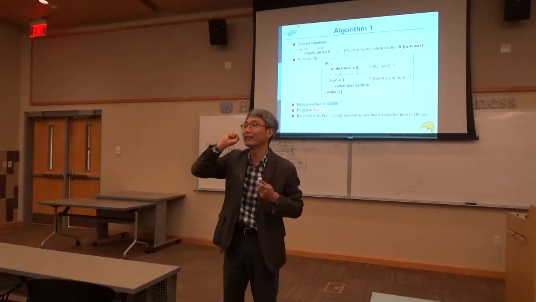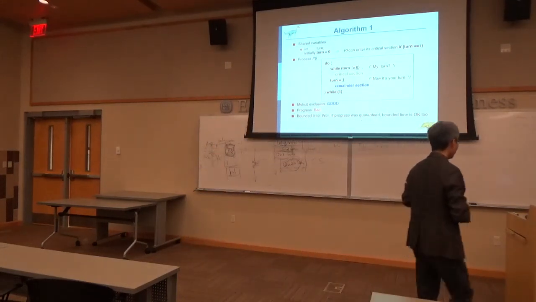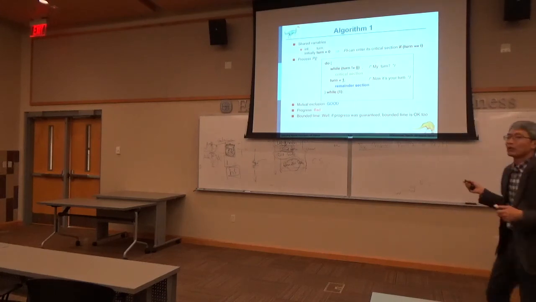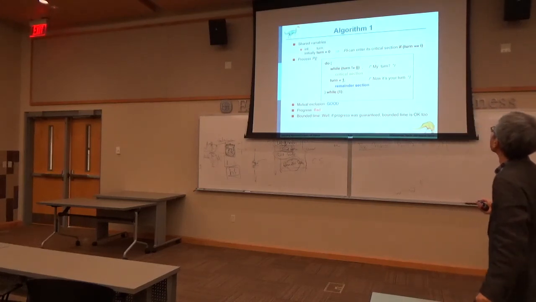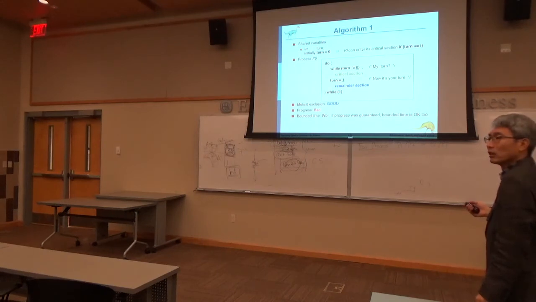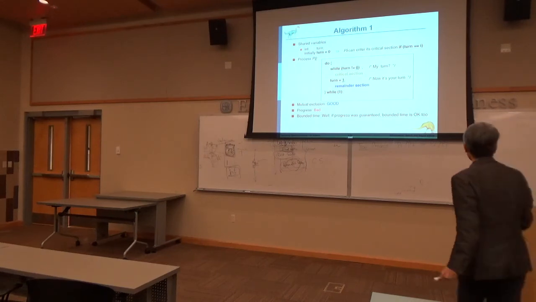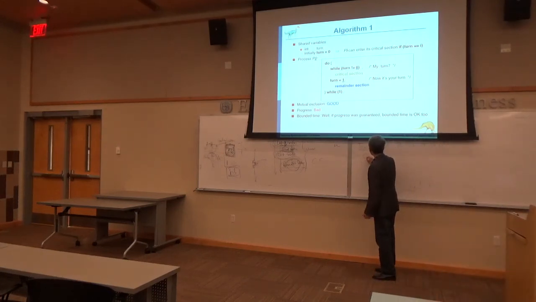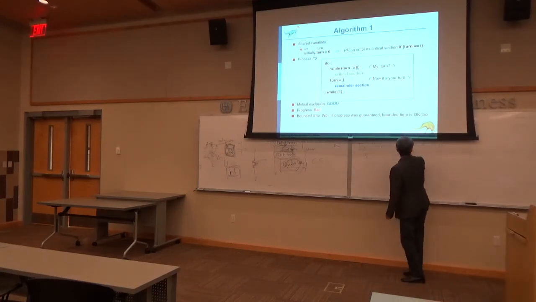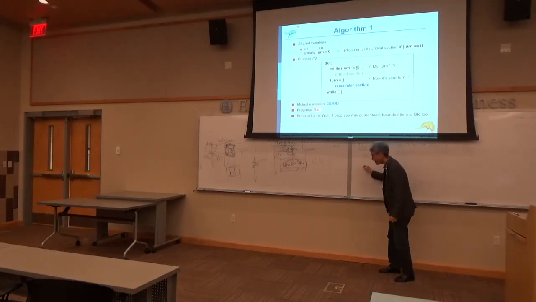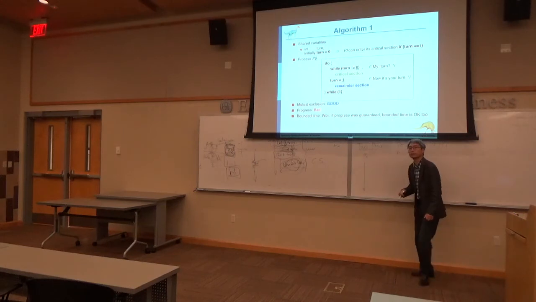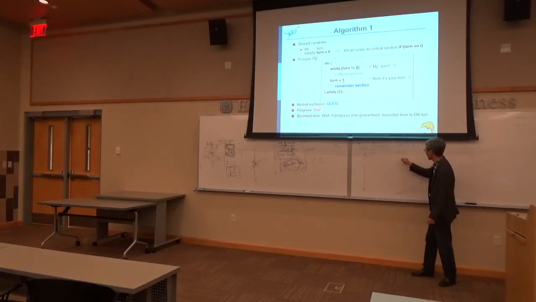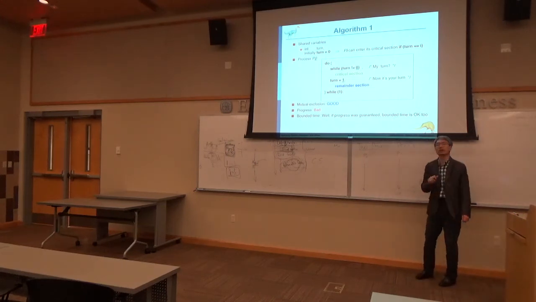The first time, it's not that easy to understand the meaning of this. Think about two processes, process 0 and process 1. Process 0 has a sequence of instructions, and process 1 is also a sequence of instructions.